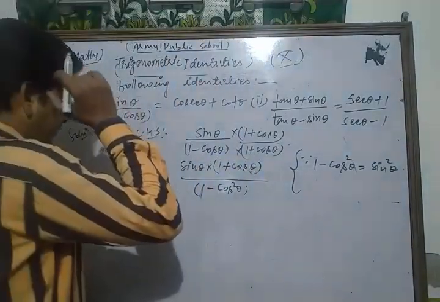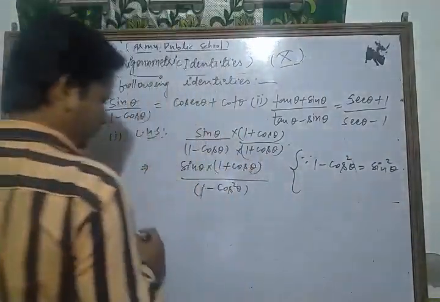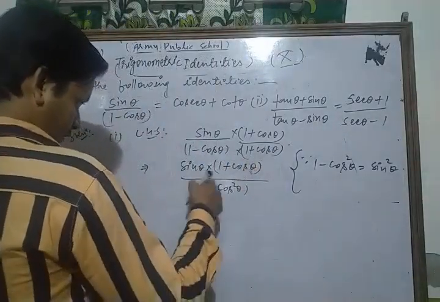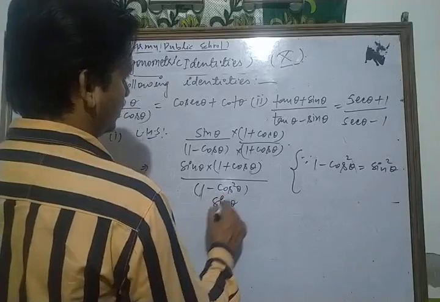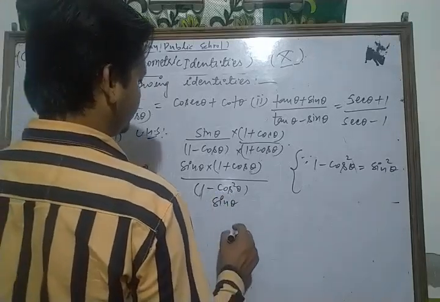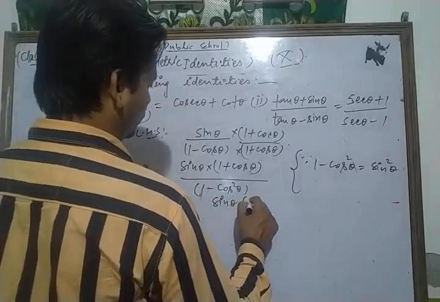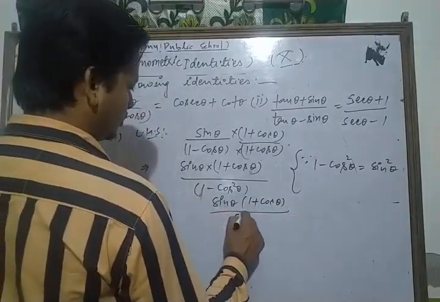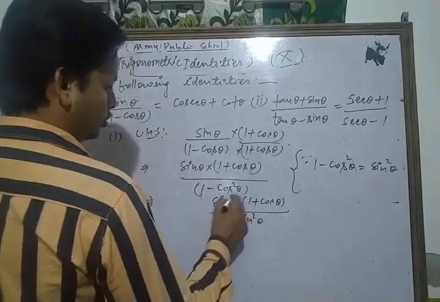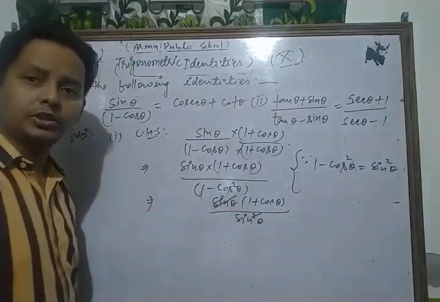So from there, we put sin theta into 1 plus cos theta upon sin square theta. So one sin theta cancels.